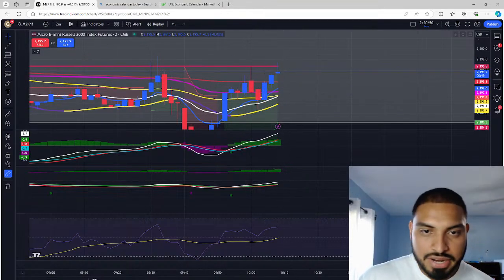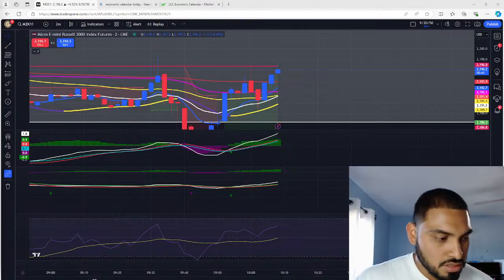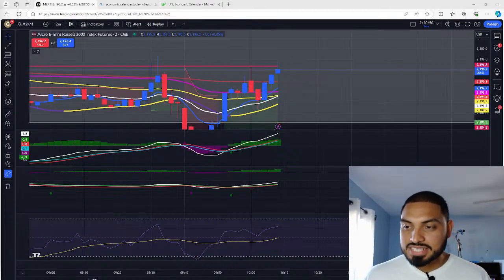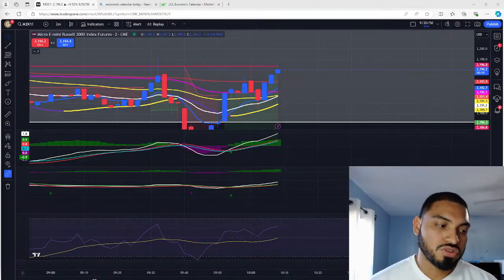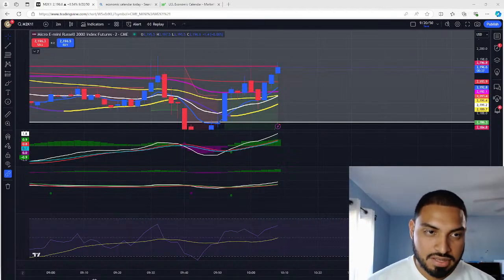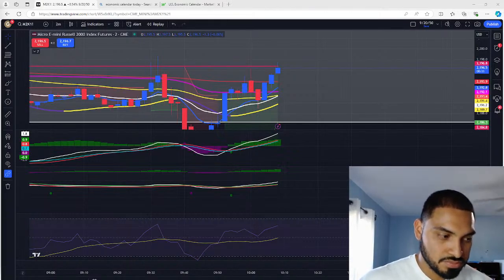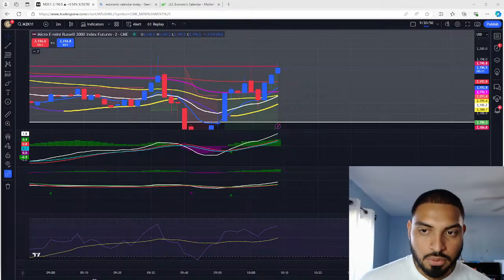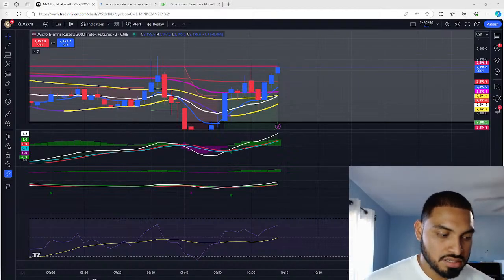I can already see an immediate reaction right there. Okay, so I am going to take a position here on the Russell. I am. Just not yet, but I am. I want to watch its reaction to super trend and that pivot point and see if it breaks.